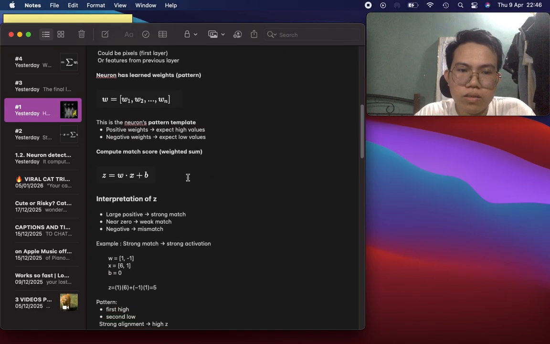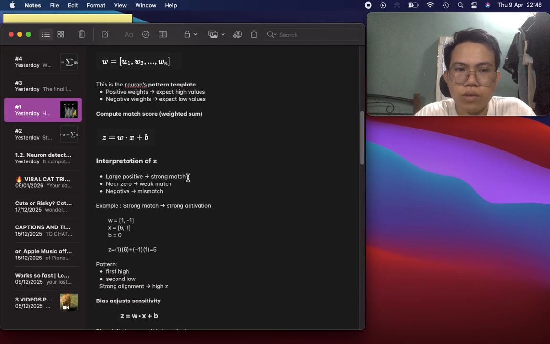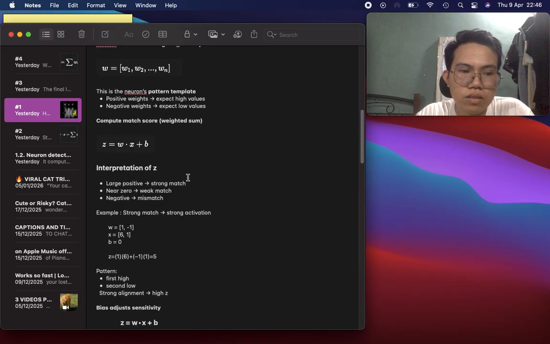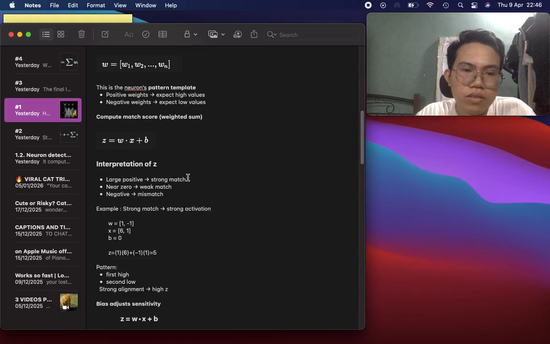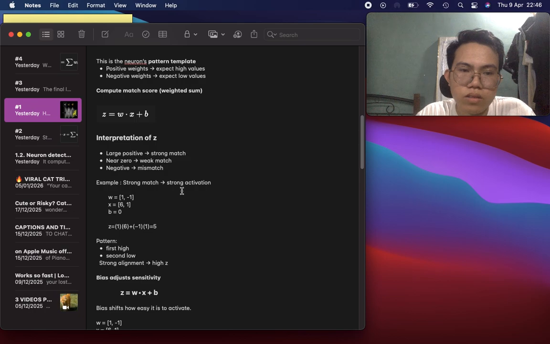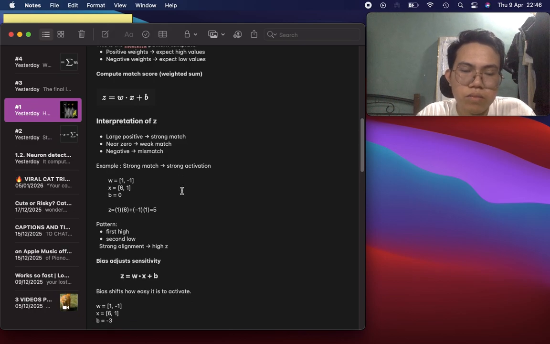Here's the interpretation of Z when we calculate the weighted sum. If it is a large positive, it means a strong match. Near zero, weak match. And if it is negative, mismatch.